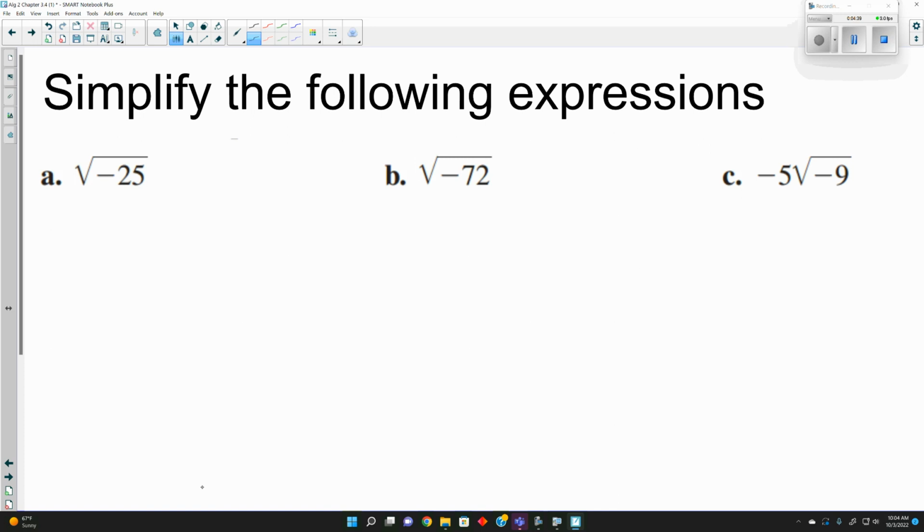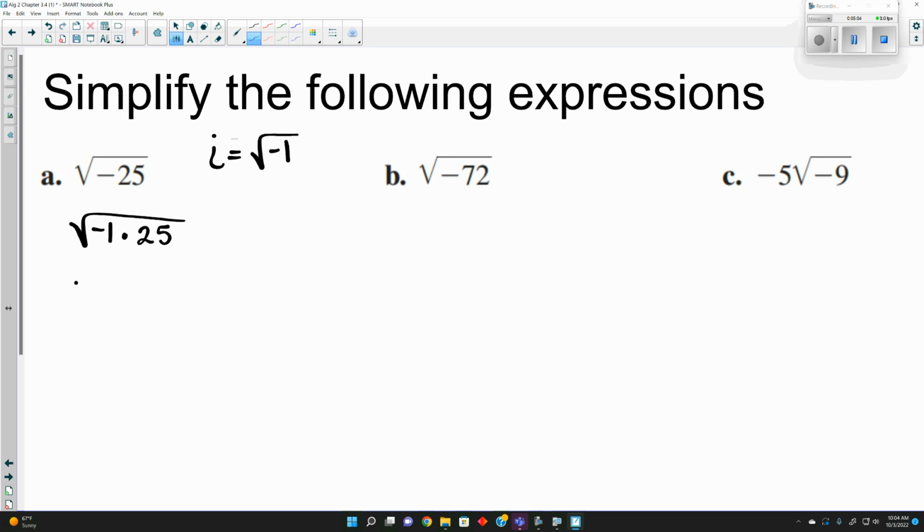But what did we just say I was? I is the square root of negative 1, yes? So the square root of negative 25 is the same as the square root of negative 1 times 25, because negative 25 is the same as negative 1 times 25.